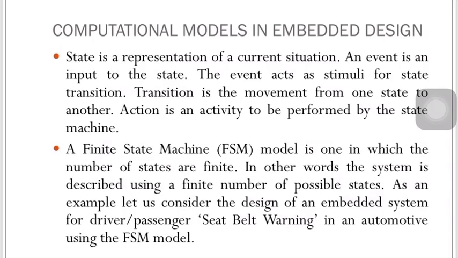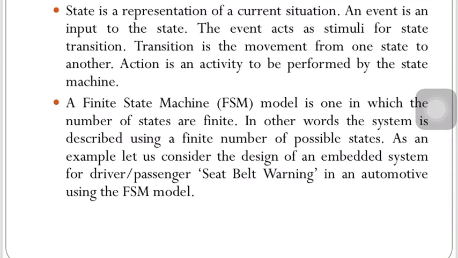Based on this level it will send the message and change the state either from on to off or off to on. A transition is a movement from one state to another. An action is an activity to be performed by the state machine, either turning on the motor or turning it off. A finite state machine model is one in which the number of states is finite.